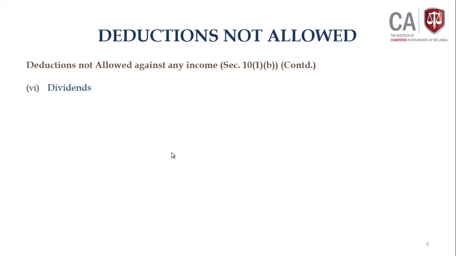But if the same argument is put up here, since the shareholders are taxable on the dividend income, why can't we allow it as expenditure of the company? No, that argument is not valid. Why? Because section 10.1b says, though you are taxing the shareholder, you can't claim that expense in the hands of the company, because it is a distribution, not an expenditure.